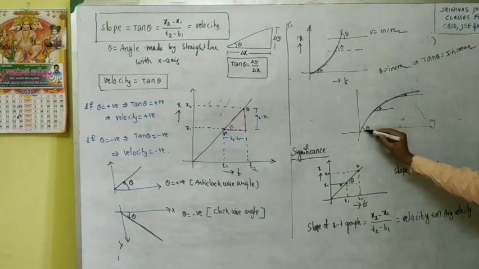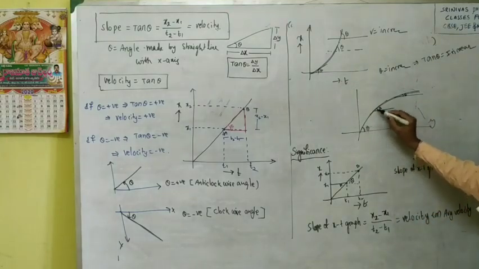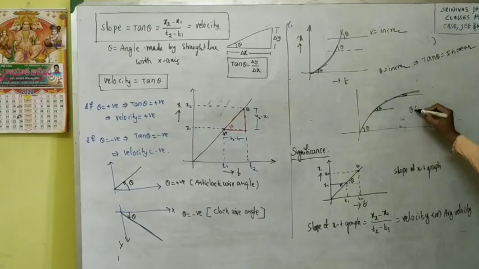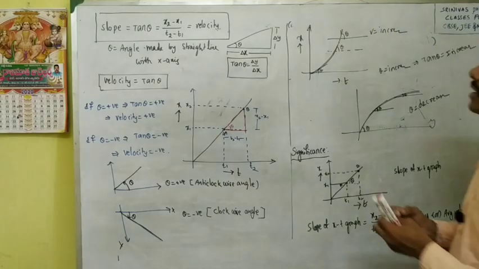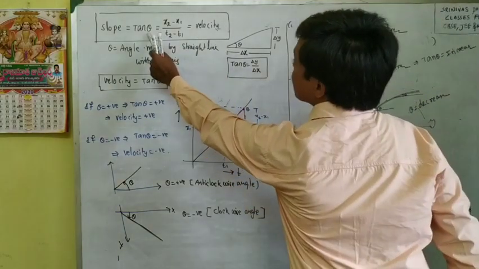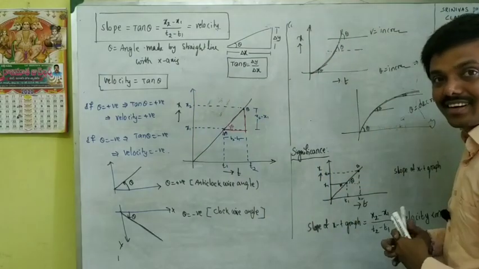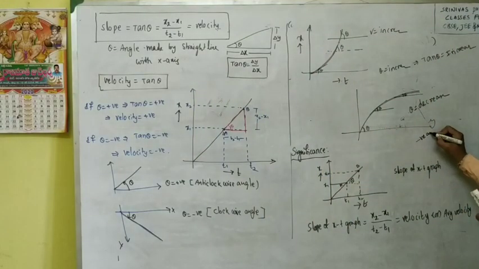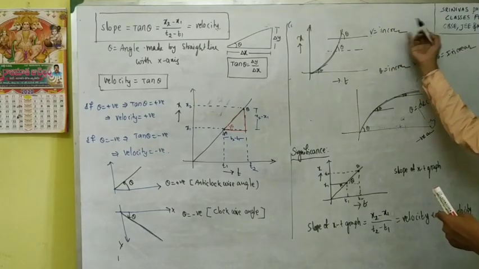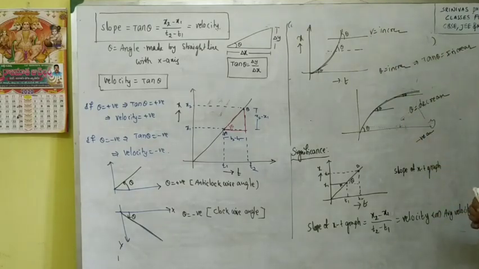Theta is decreasing, right? From here to here, theta is decreasing. Theta decreasing means velocity decreases, and decreasing velocity means negative acceleration. Here velocity increases, which means positive acceleration, right?